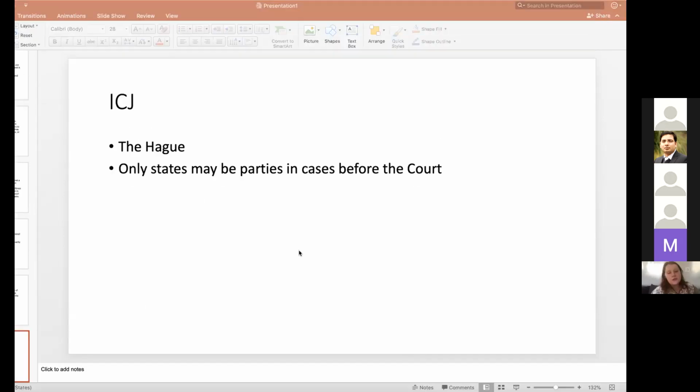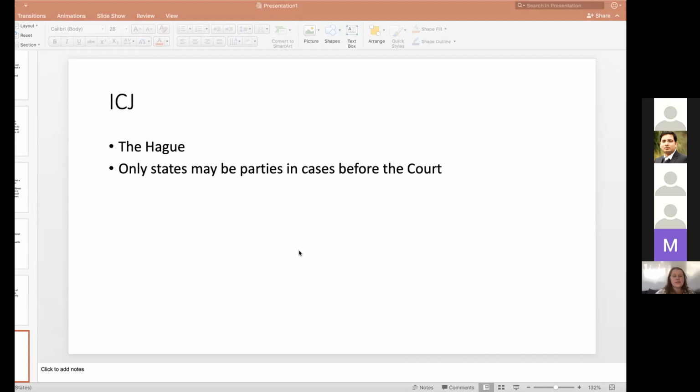The International Court of Justice is based in The Hague. The International Court of Justice is the principal judicial organ of the UN. What is very important to mention is that only states might be parties in cases before the court.